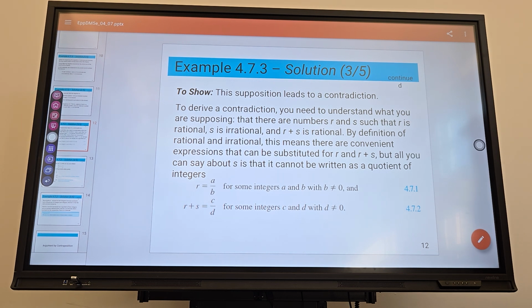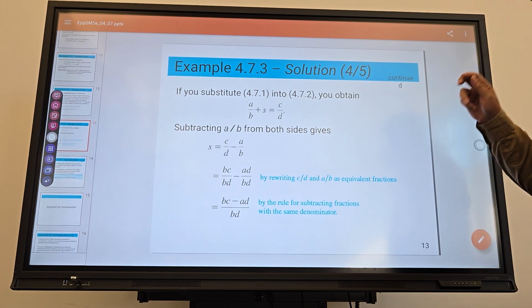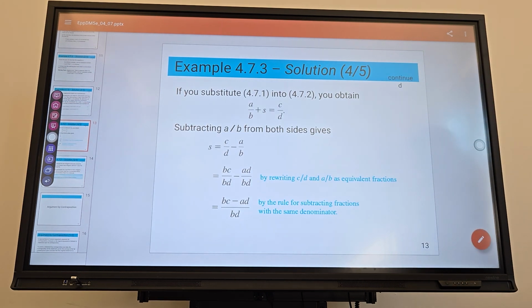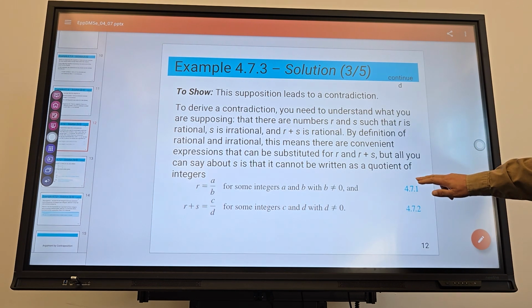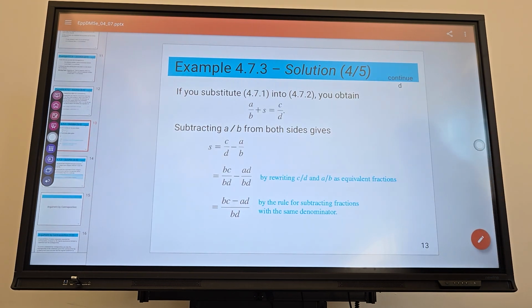By definition of rational and irrational, this means that there are convenient expressions that can be substituted for r and r plus s. But all you can say about s is that it cannot be written as a quotient of integers. So, if you substitute these two into the equation, you get a over b plus s equals c over d.